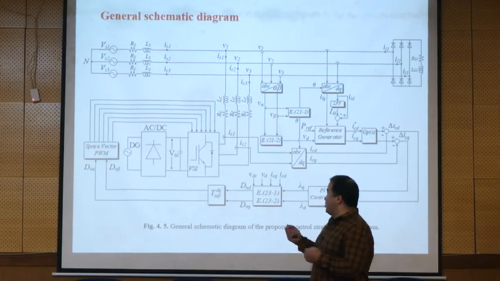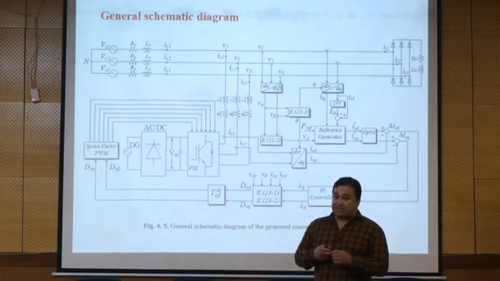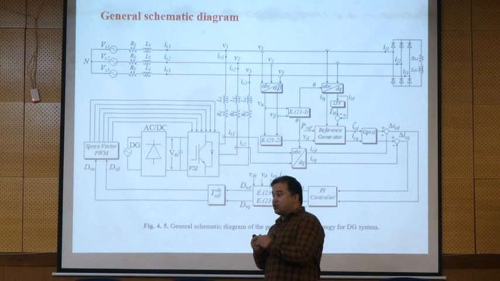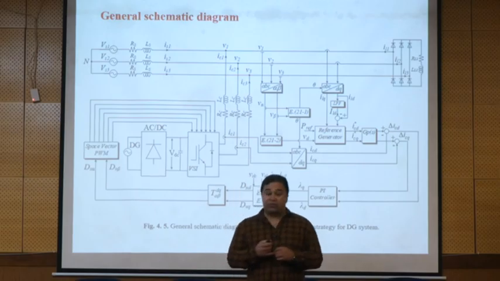This converter or inverter is responsible for providing the power at 50 hertz. Then it should be controlled and provide what we need as support to be injected to the grid.